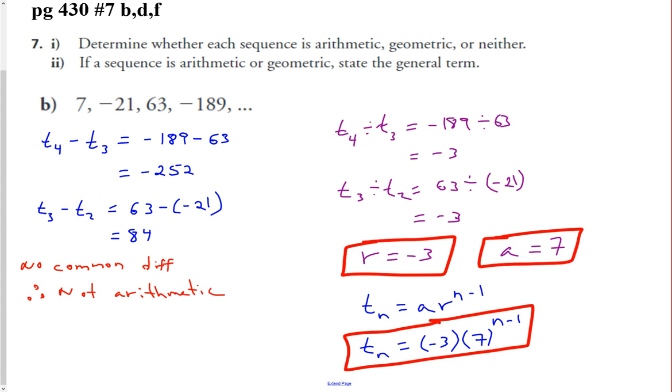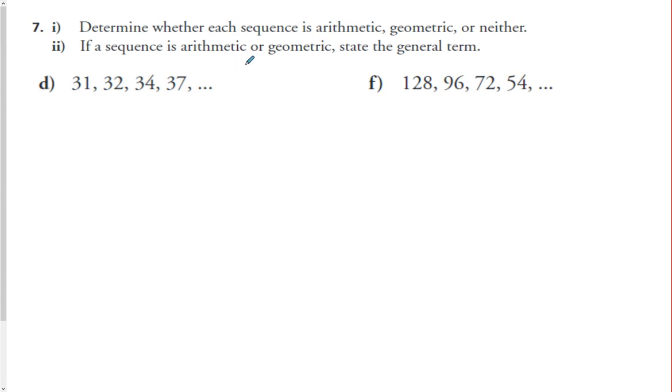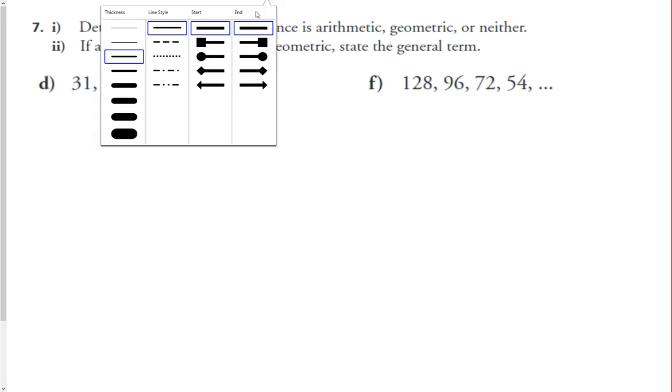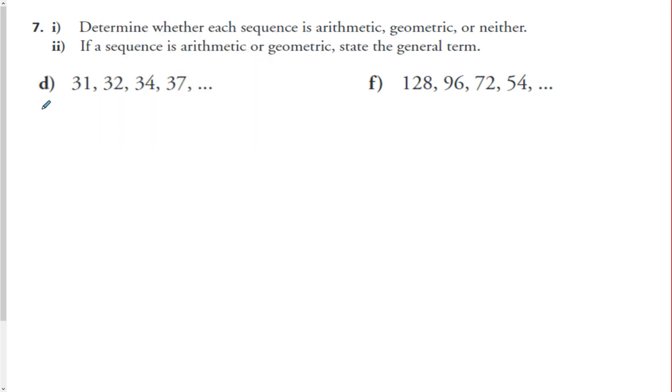Let's try another one of these. Actually, another 2. So determine, again, same thing, whether it's arithmetic, geometric, or neither. So for our first one, I'm going to try and see if it's arithmetic. So I'll go my fourth term minus my third term. That's 37 minus 34.